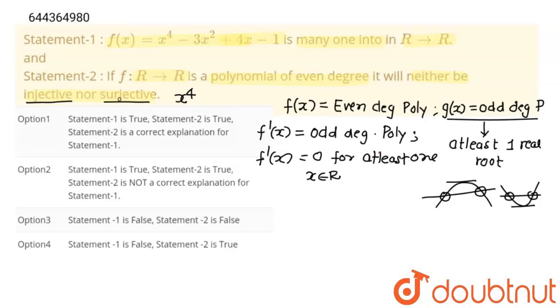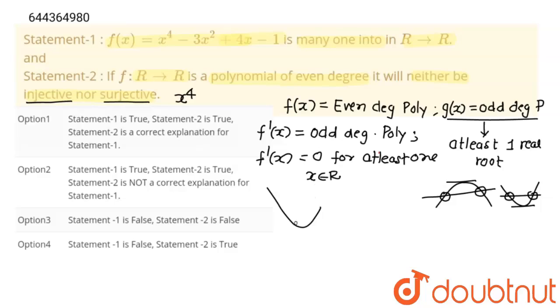Now surjective. See, an even degree polynomial can have at most, suppose this is a degree 4 polynomial, so this can have at most 3 maxima or minima.